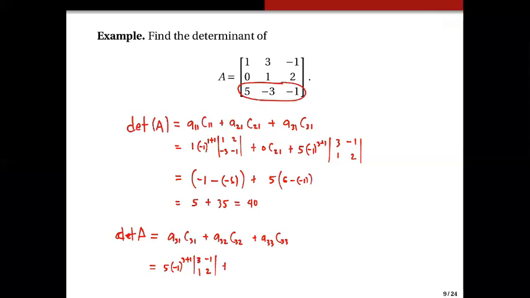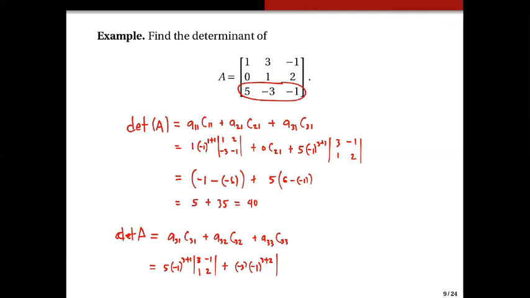Plus A32, we have negative 3. Then the C32 is negative 1 raised to 3 plus 2, determinant. This is your 3, 2, and 3. We remove this, we remove this, so we are left with the submatrix 1, 0, negative 1, positive 2.